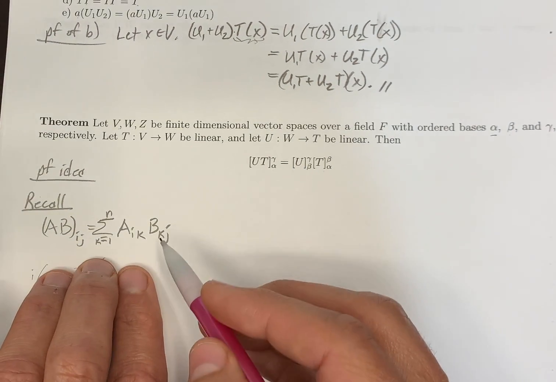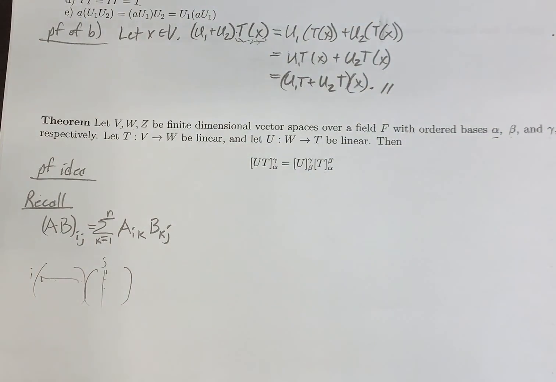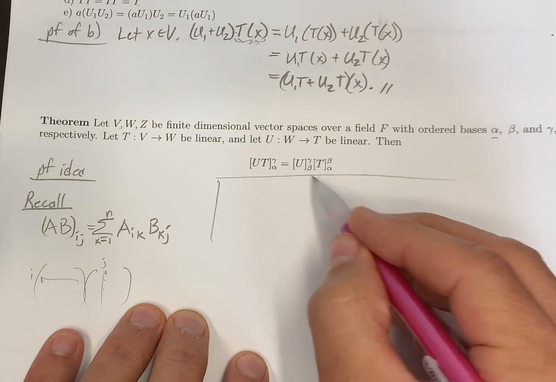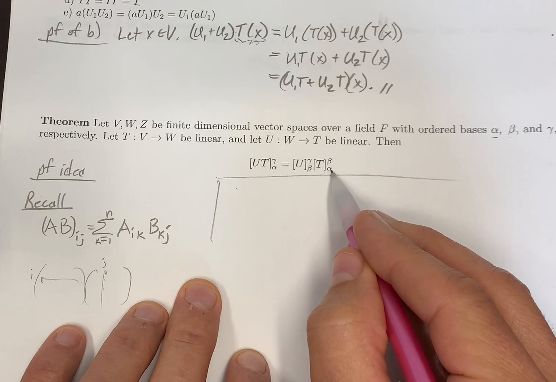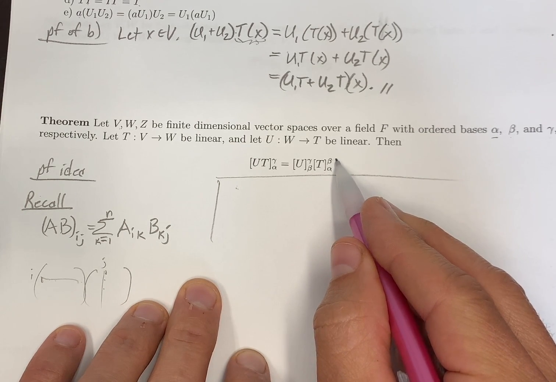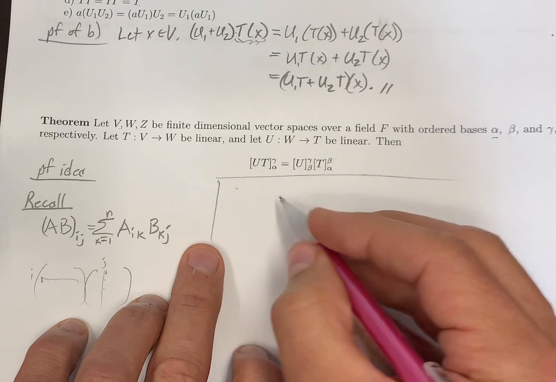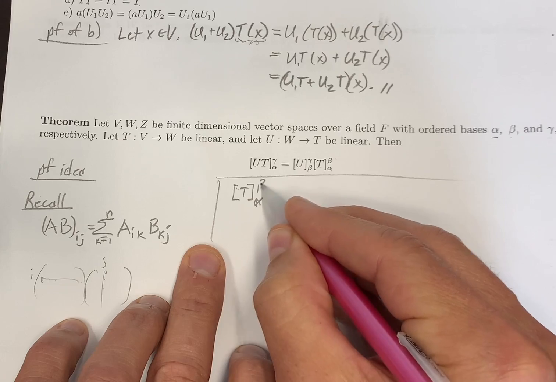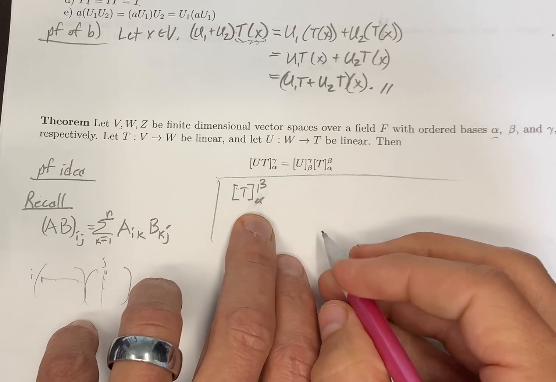So that's really what matrix multiplication is, but let's think about what's actually happening over here, okay? So what is this matrix here? T from alpha to beta, right, corresponds to taking T of alpha to beta, right?